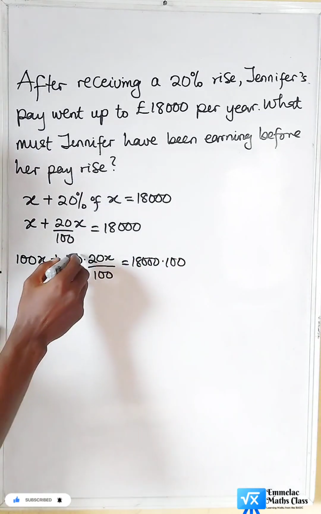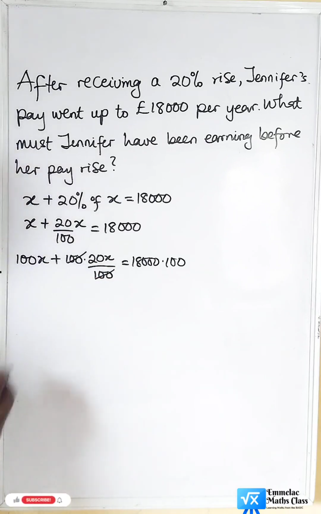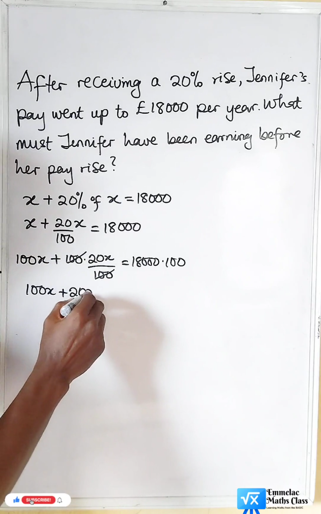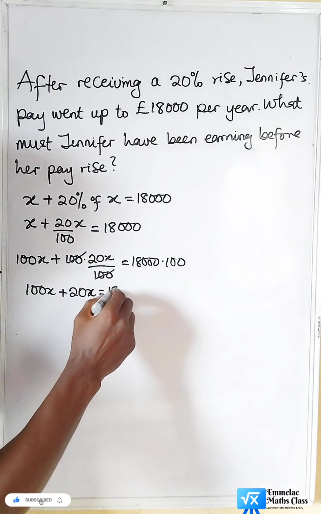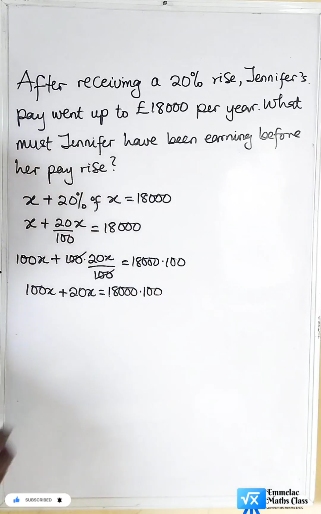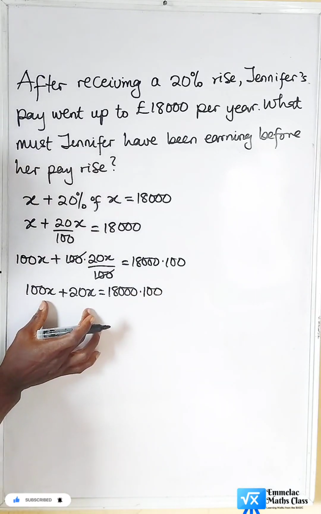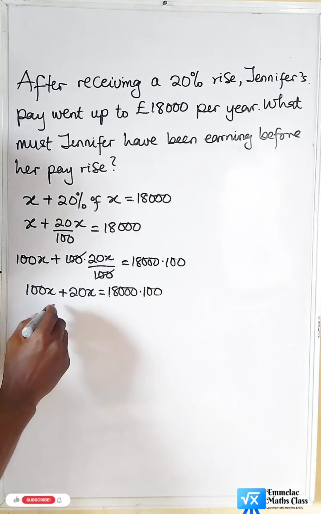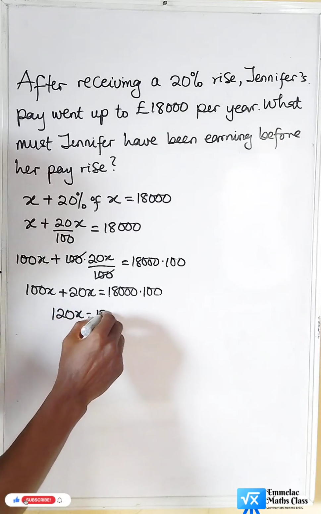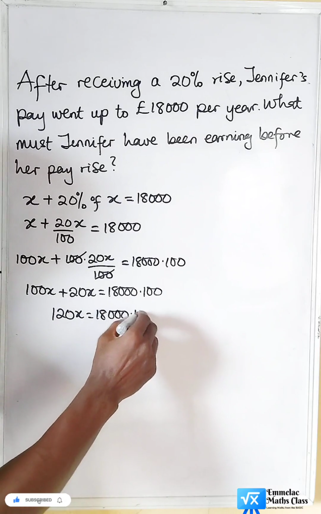The 100 eliminates the 100, so we are left with 100X plus 20X equals 18,000 times 100. Summing the left hand side, we have 120X equals 18,000 times 100.